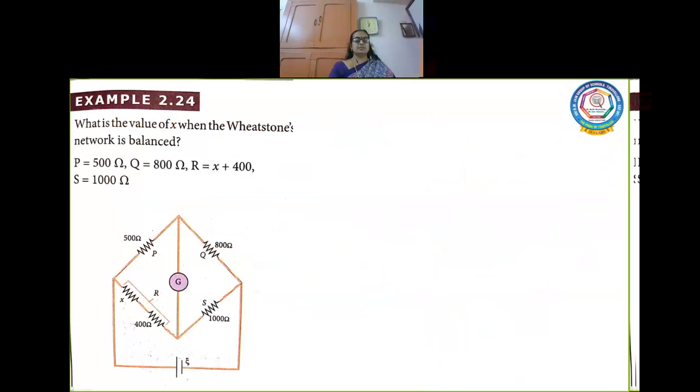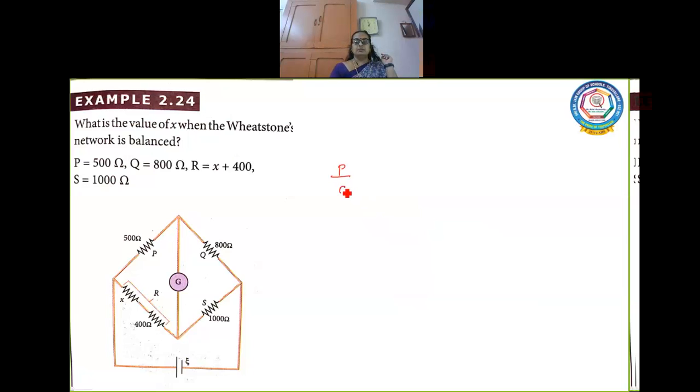Now with this concept in mind, I wanted to discuss the sum which is there in your textbook, page number 1111, example 2.24. What is the value of X when the Wheatstone network is balanced? So there are four resistors in the third lead where R is equal to X plus 400. You need to find out the value of X there. Okay, so let me solve.